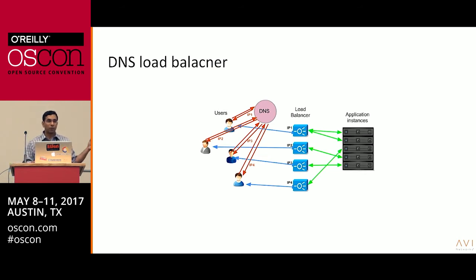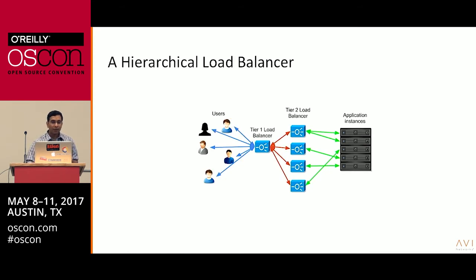The advantage of this approach is that you can keep scaling, and there's no limit to it. The disadvantages are well known with respect to DNS. DNS gets cached. When one of them goes down, there's a TTL, and for that duration, those users are going to suffer some performance problems. The next way is you can actually do it with a hierarchical load balancer.